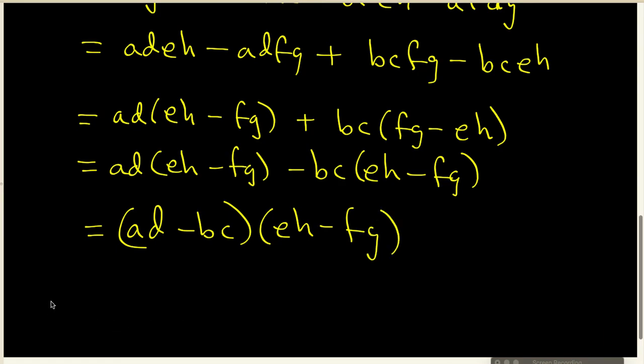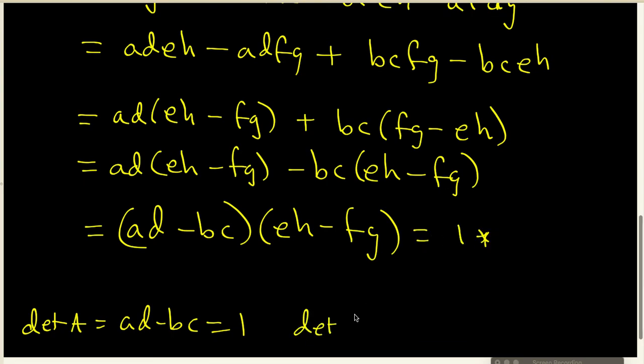And what I want to remember is that the determinant of A was AD minus BC, and that was equal to 1. So this first thing is equal to a 1. And the determinant of B was equal to EH minus FG. And so this second thing is also equal to a 1. And so that product is equal to a 1.